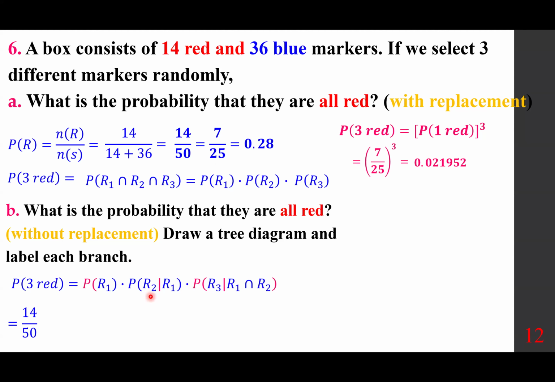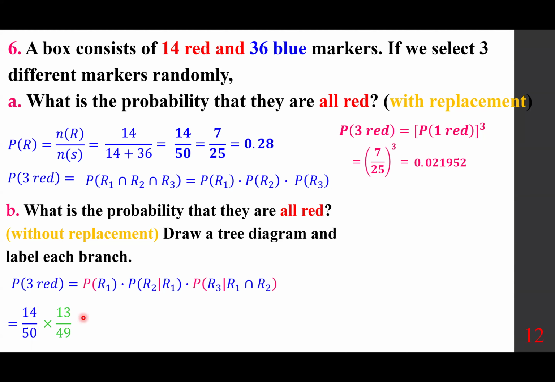Now, the second one here, R2 given R1. First and foremost, there were total of 50. We no longer have 50. How many is left? 49. Why 49? 1 is gone. So the denominator is 49. What about the numerator? Because we want red and 1 red has been picked, now it goes down by 1 also, 13 over 49.